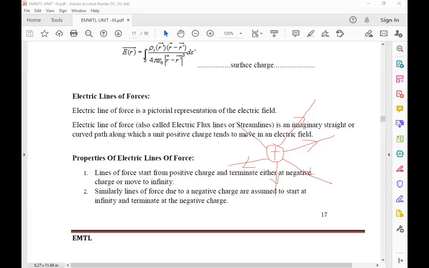The lines of force from the charge Q, let us take it as a positive charge Q, start from the positive charge and terminate at a negative charge if there is one. If there is no negative charge, it moves to infinity, radially from the positive charge.